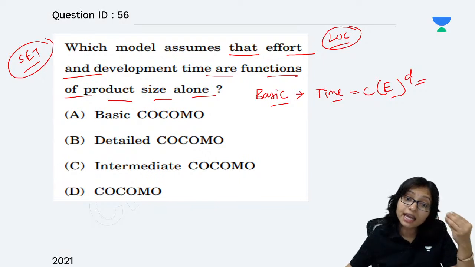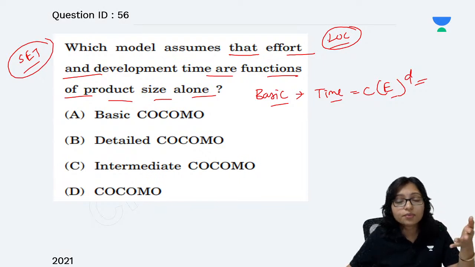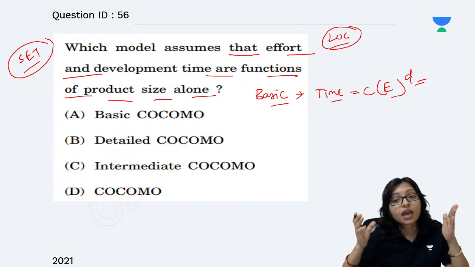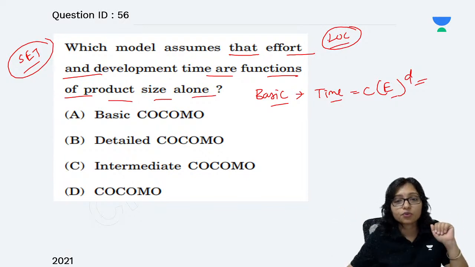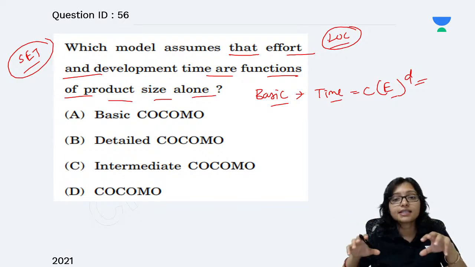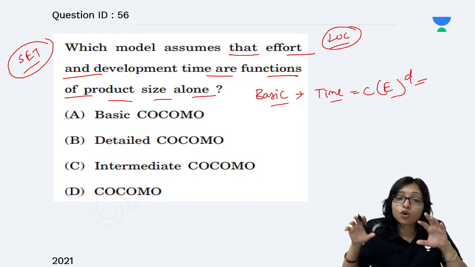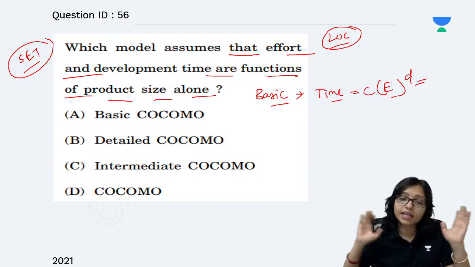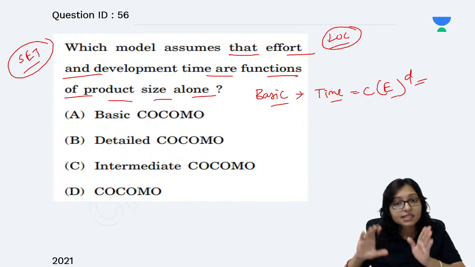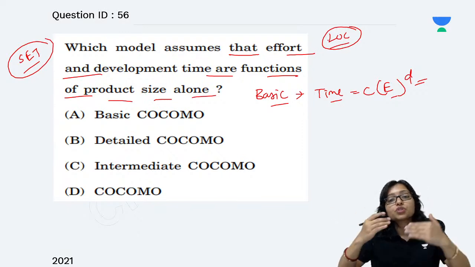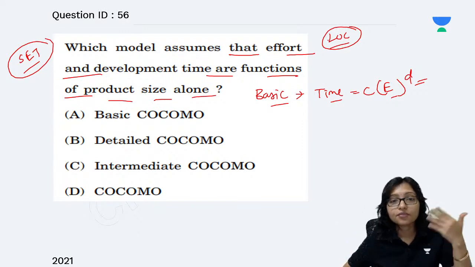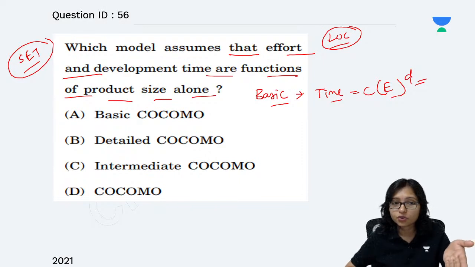In each and every phase, the effort is calculated accordingly. That's why it is detailed. It incorporates all the characteristics of the intermediate version, plus it divides the process into steps and calculates the effort in every step.